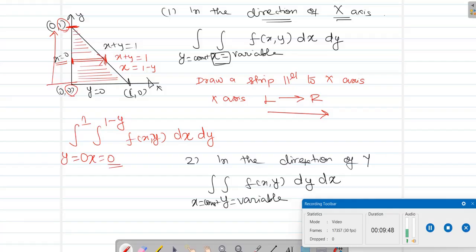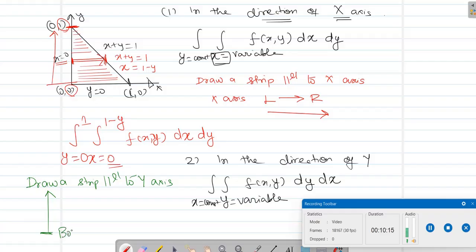When we want to integrate in the direction of y, then what we will have to do is draw a strip parallel to your y-axis. So this is my y-axis. What will be the direction in which you will be moving? From the bottom to the top.